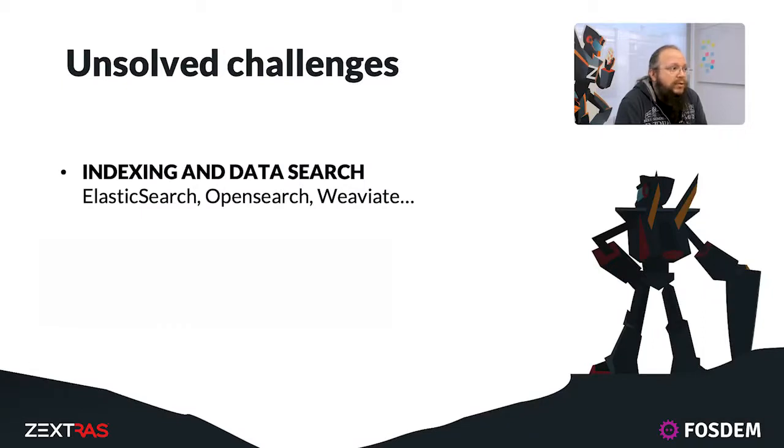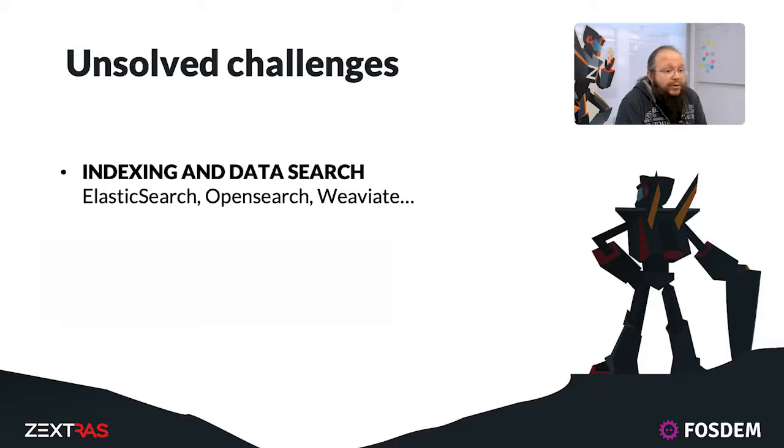While we managed to solve most of the problems we encountered, some are still in the works, and we don't have yet a clear and defined solution for them. The first one is about indexing and data search. We studied different solutions, but could not come to choose one yet for different reasons. Elasticsearch is resource intensive and it would increase the cost of installation for customers.